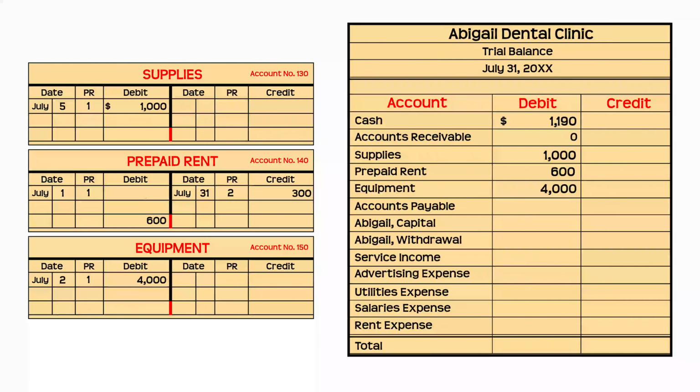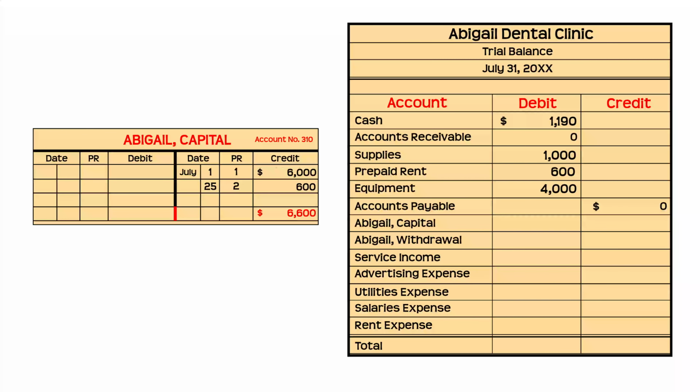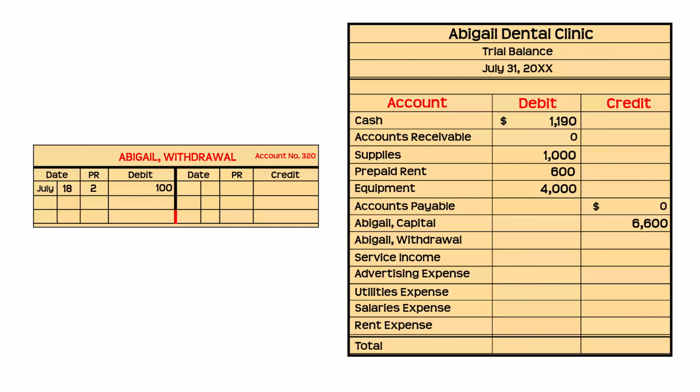For the liabilities, the accounts payable balance is 0. Abigail's withdrawal is debited for $100 since it is the only balance on the left side of the ledger.